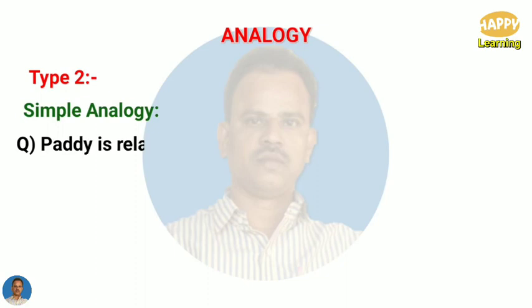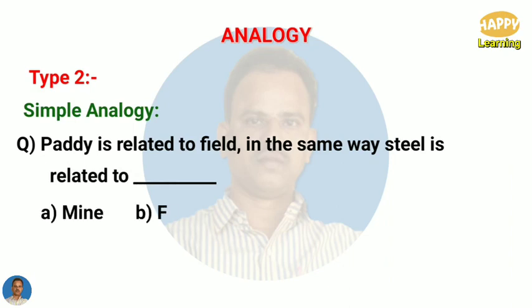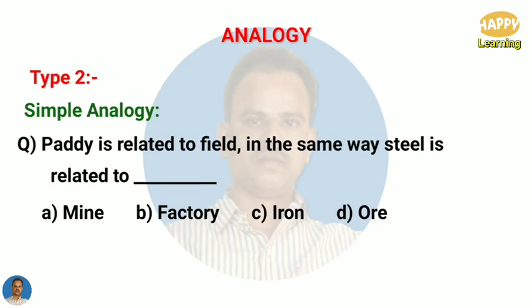Paddy is related to field in the same way steel is related to dash. The options are mine, factory, iron, ore.